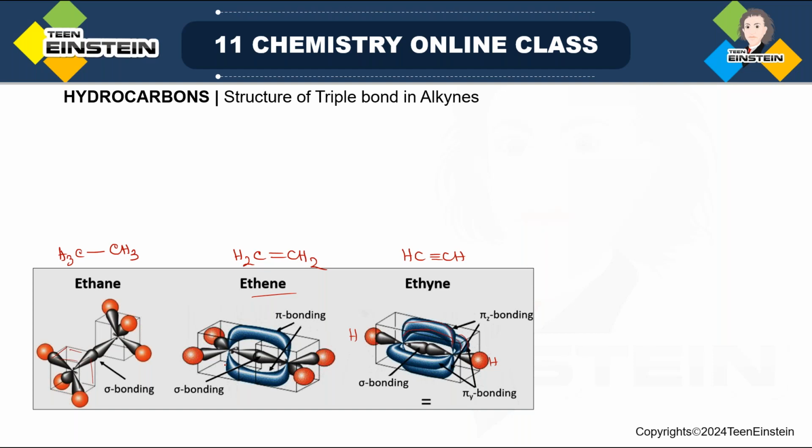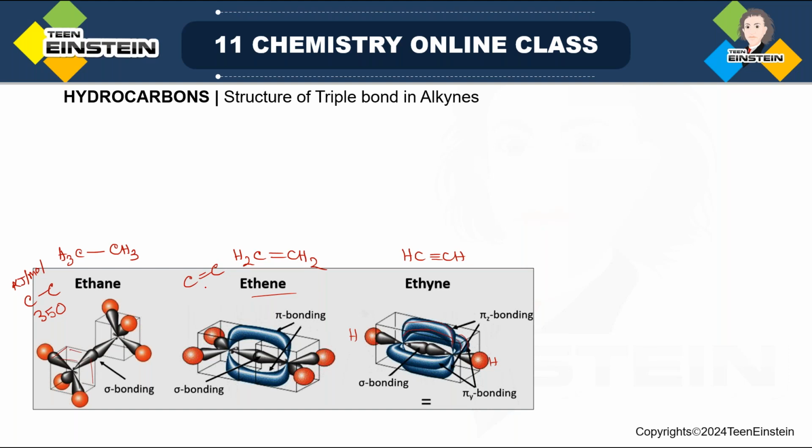Now, what about the bond energy? If you consider the average bond energy of a CC single bond in kilojoule per mole, then the corresponding value is 350 kilojoule per mole. For the average bond energy of a CC double bond, don't think it is the energy for this particular molecule.